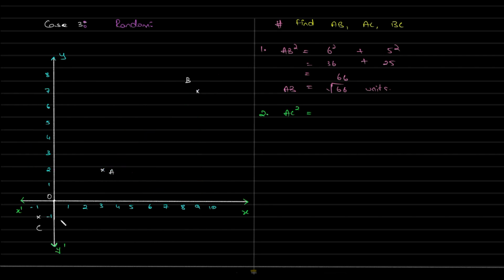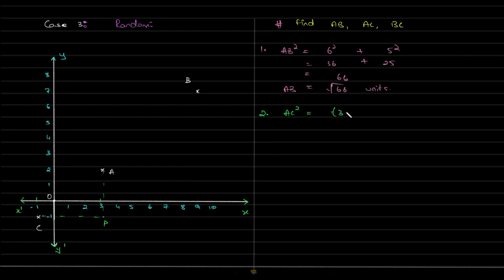How do you find A to C? Basically, you need to find this distance and this height and use Pythagoras theorem. So all you have to do is find across. We call this P, CP and AP. How will you find it? Right? Simple. C to P is nothing but 3 to minus 1. What is the distance from 3 to minus 1? 3 to minus 1 is 4.